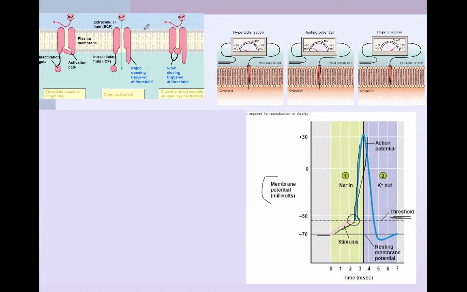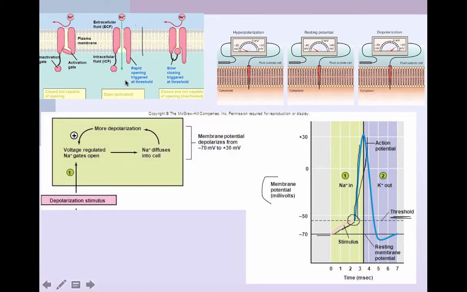Now, what happens when sodium comes through a couple of these channels is that we depolarize the membrane, which opens up more of the voltage-gated sodium channels. That allows more sodium to come in, which opens up more of these. And so you see what we've done is we've gotten into a positive feedback loop at the point where we hit threshold. And essentially what we do is we open up 100% of these by getting into this positive feedback loop. And that's why the depolarization there is so rapid.